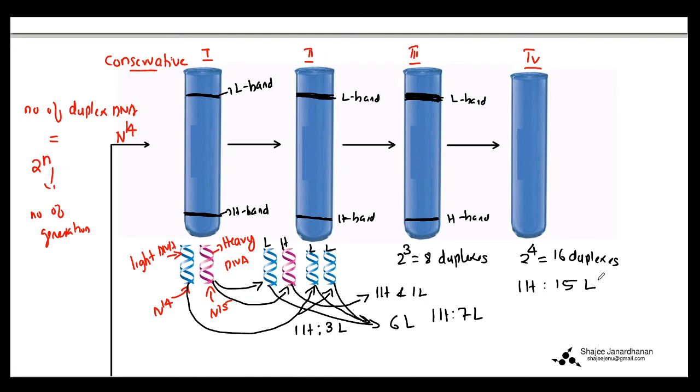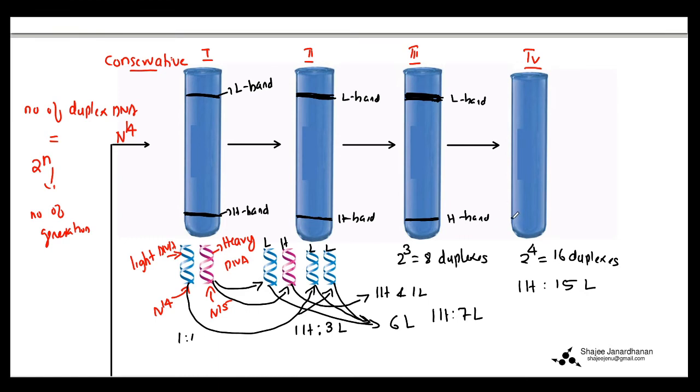So you can see from the first generation we have started from a 1:1 ratio, then it changed to 1:3, then it changed to 1:7, and then finally changes to 1:15.